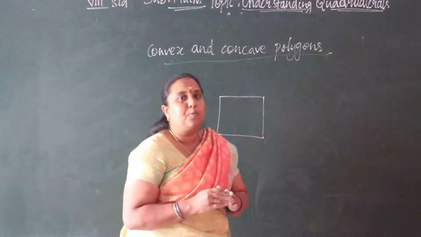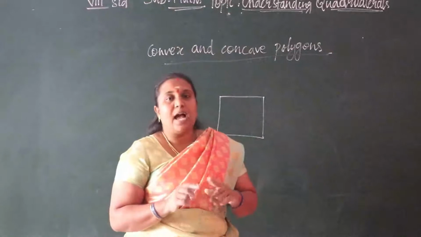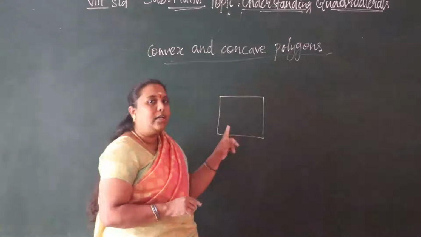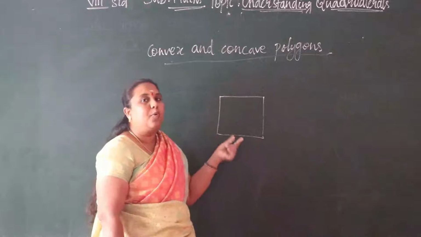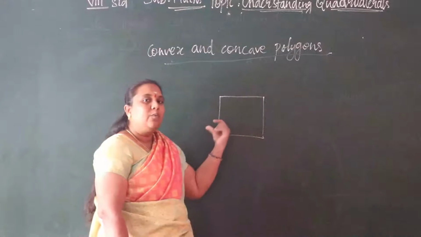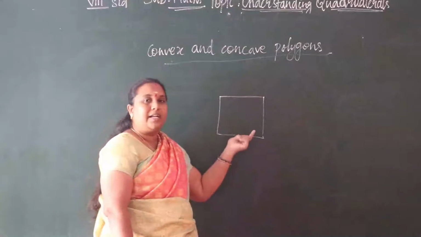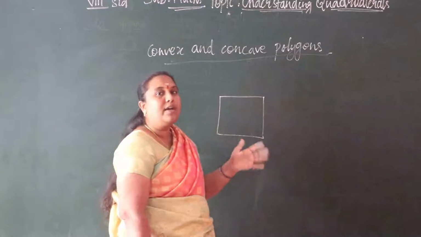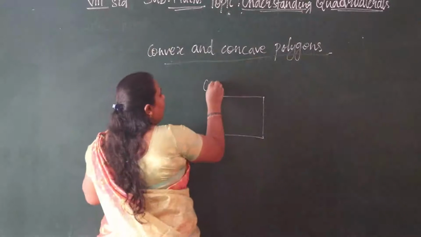In a four-sided closed polygon, if each angle is less than 180 degrees, we can say it is a convex polygon.